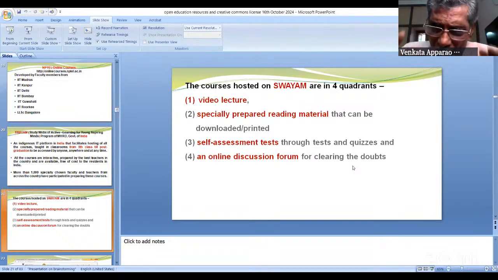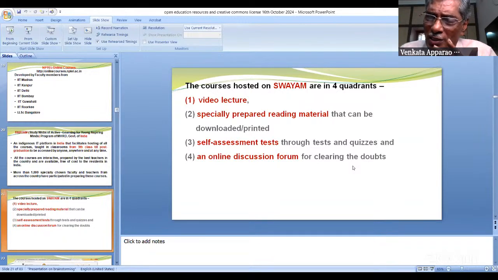Then for the same topic, specially prepared reading material that can be downloaded and printed.